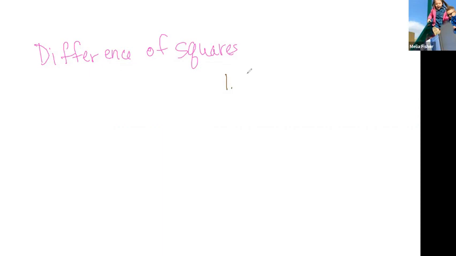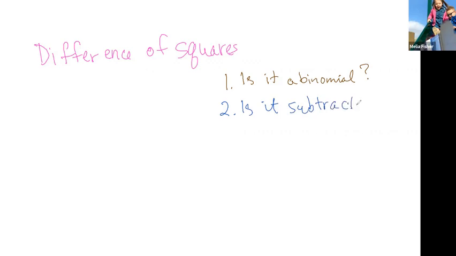So for this, step one is to ask yourself, is it a binomial? What's a binomial? Two terms. Is it a binomial? Second question to ask yourself, is it subtraction? Third question we're going to ask ourselves, are both terms perfect squares?